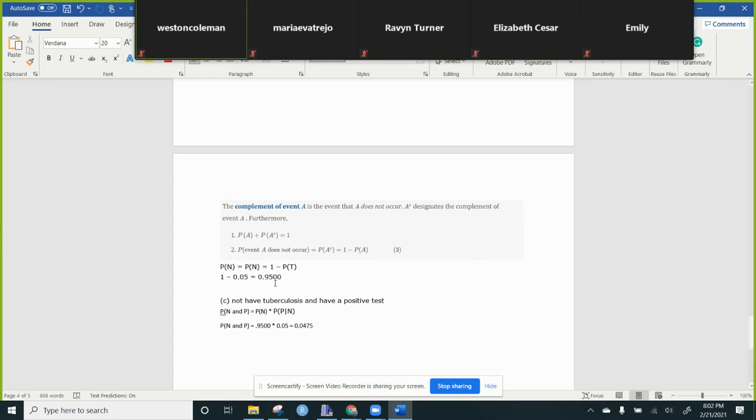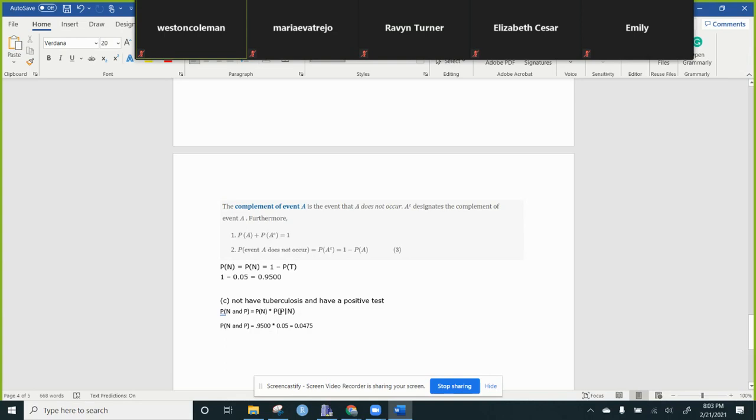All right, so what is the probability that they didn't have tuberculosis and had a positive test? This is called a false positive if anybody works in medical. So probability of N and P. So remember here I got probability of N, which is 0.95.